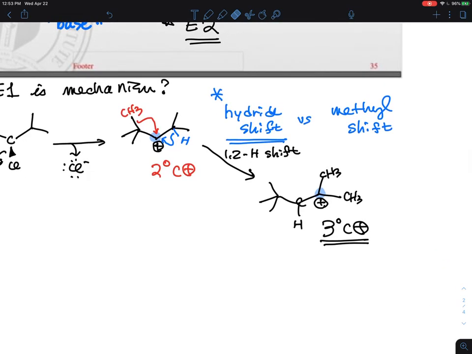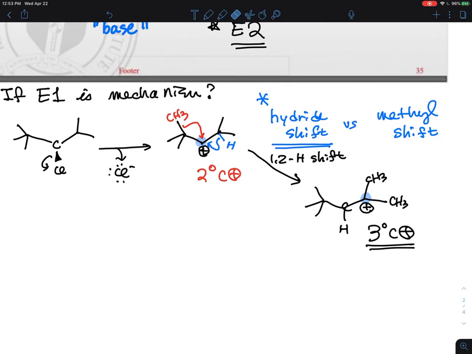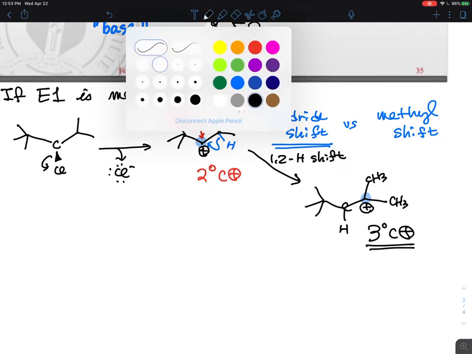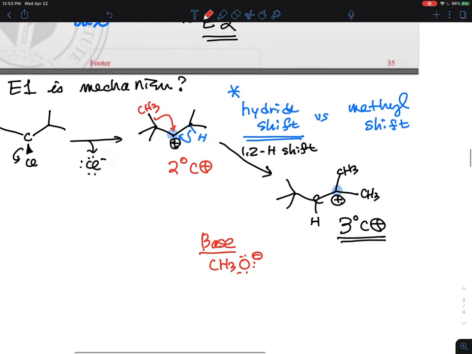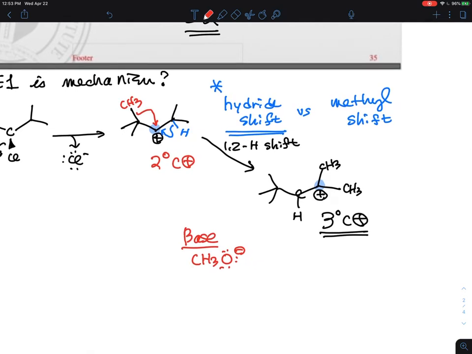And then what's going to happen now is the E1 mechanism, now you're looking for what is called a base, looking for the H+, right? In here, it is a CH3O minus, that's your base, and they're going to take the hydrogen from many different occasions here. So one way is, this carbocation has 3 neighboring carbons, and either they can take the hydrogen here, or they can take the hydrogen on this side, and they will love to take the hydrogen from this.